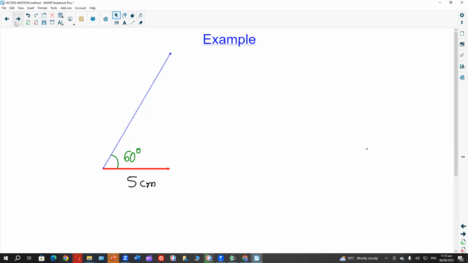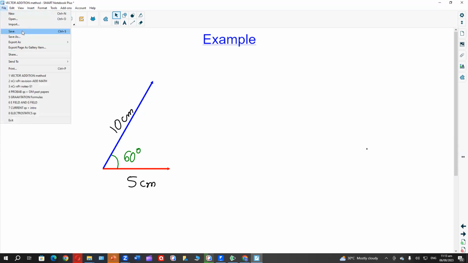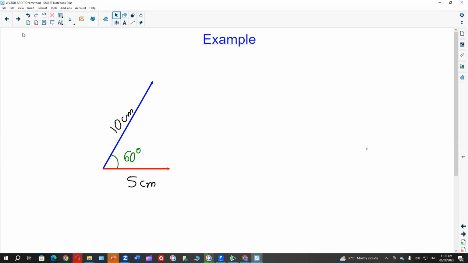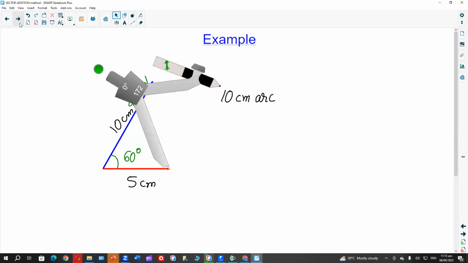Done, sir. Make a straight line, and on the straight line, put the ruler and measure 10 centimeter. Done, sir. And then the entry of the compass is there. They like the compass work a lot. So now compass is there. Put the compass at this position and make an arc of 10 centimeter. Okay.